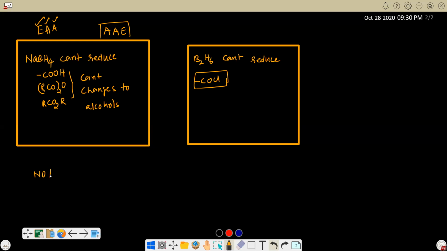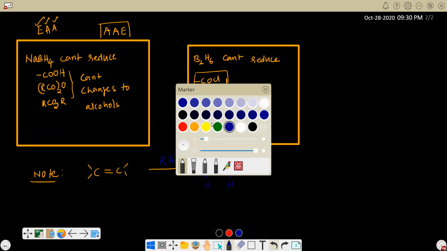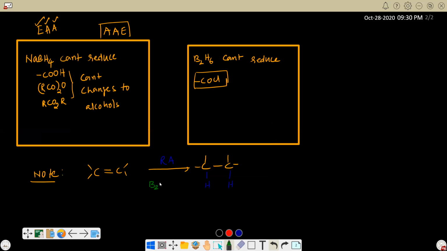And one note you can write. These are reducing agents. Even a carbon-carbon double bond changes to a carbon-carbon single bond by adding hydrogens. So here also there is a reducing agent. The suitable reducing agents here you can take are B2H6, and metal hydrogen.